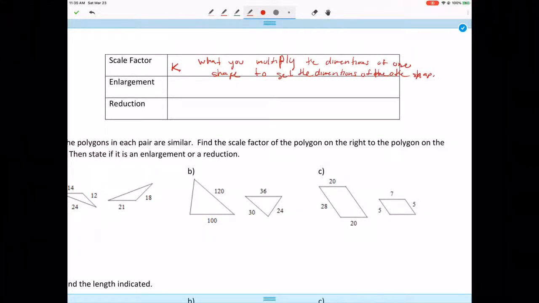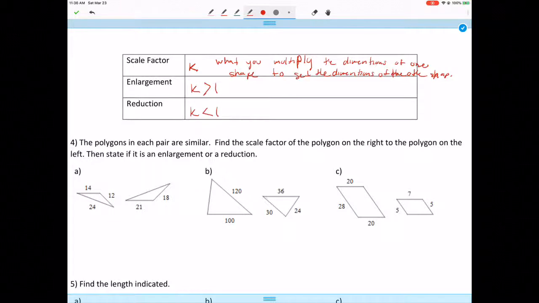Okay, I'm botching that, but I just said it to you, so you should be able to understand what I wrote down. Nearly all the time for us, it'll be triangles. So what number do you multiply a triangle by to give you your other triangle? Enlargement is when k is greater than 1, and reduction is when k is less than 1.